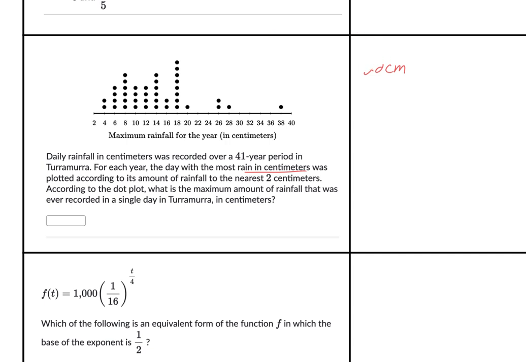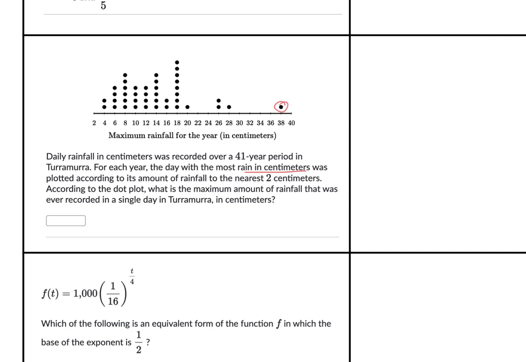Okay, so what that means is this dot corresponds to 1 year, the highest day, the day with the highest amount of rainfall was 10 centimeters. Okay, which means that during 2 years, the highest amount of rainfall received in any one day was 4 centimeters.